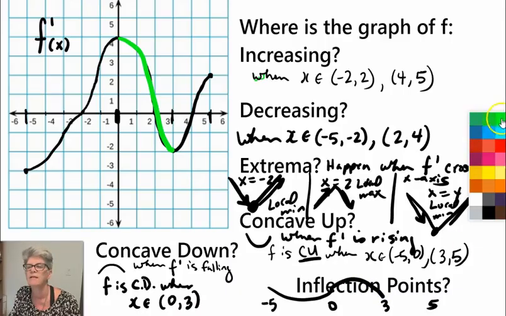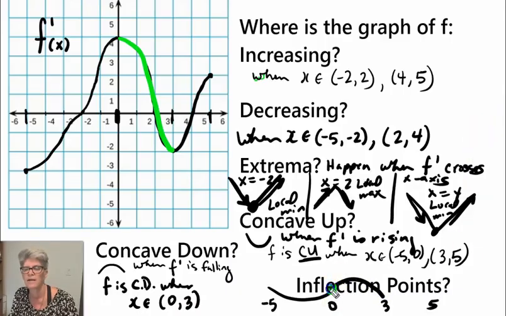And so the concavity changes at x equals 0. So we will have an inflection point on the graph of f at x equals 0. I don't know the y-coordinate of that, but I can tell you, you will have an inflection point on the graph of f when x is equal to 0.